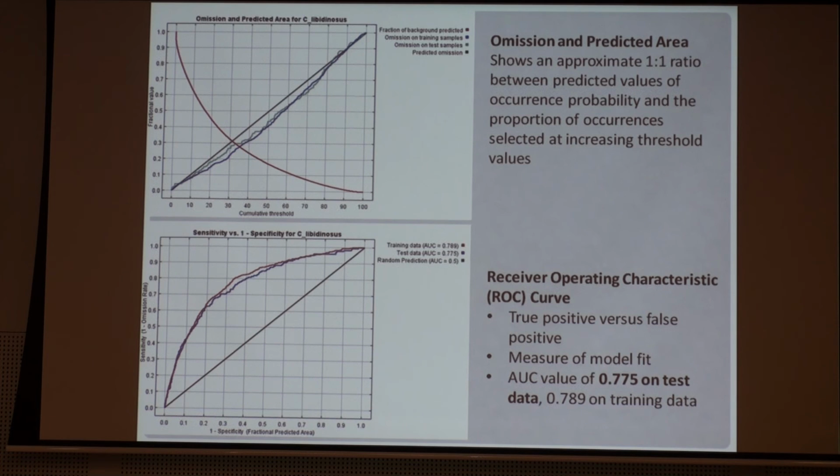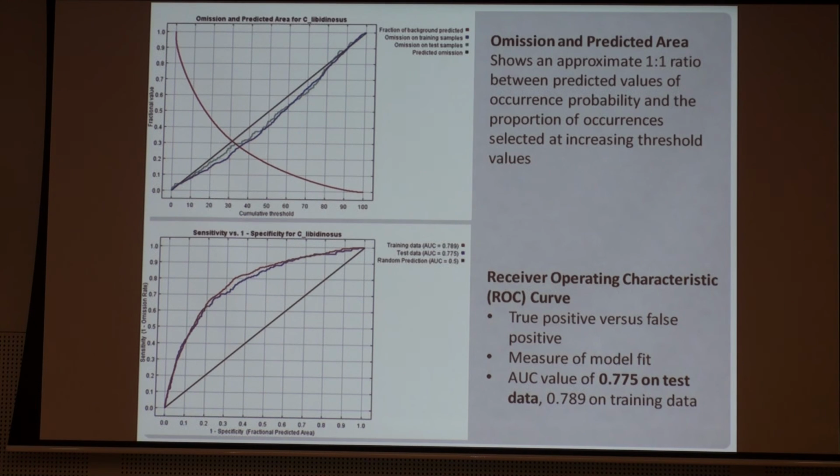If you set the cutoff point for absence versus presence of the monkeys, increasing thresholds as you go along the x-axis on that top graph, we see approximately a 1-to-1 ratio between the predicted values of occurrence probability and the probabilities of occurrence selected at these threshold values.